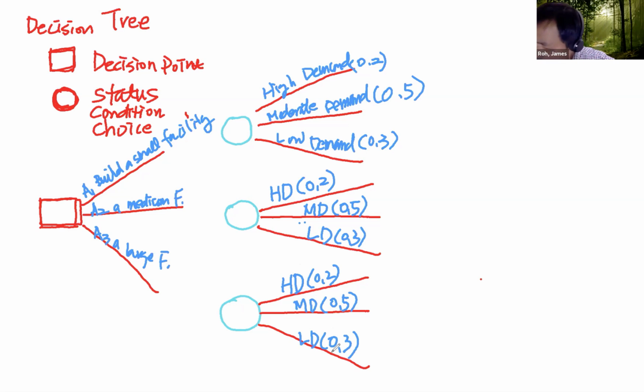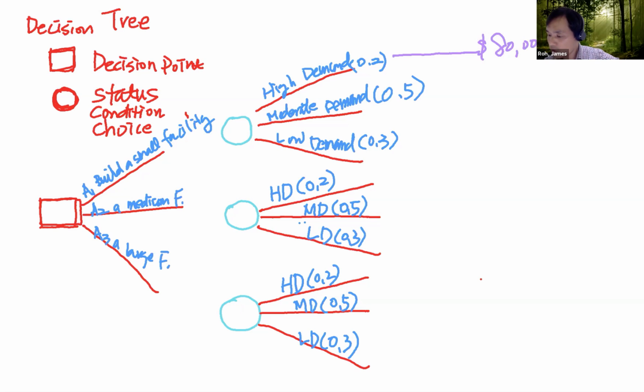And then you have the money that you are making, which is connected to each status, right? So high demand 0.2, and it's building a small facility. At that time, you're going to make $80,000, right?